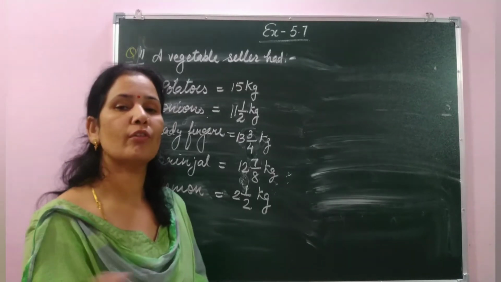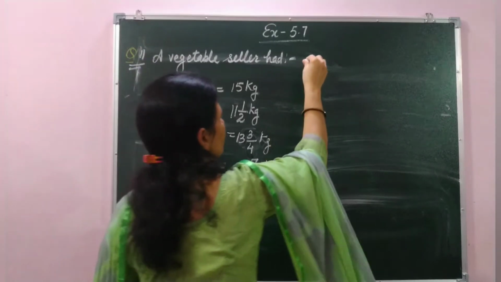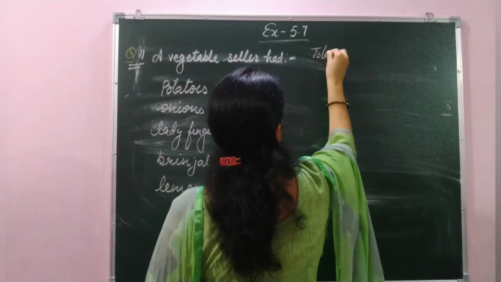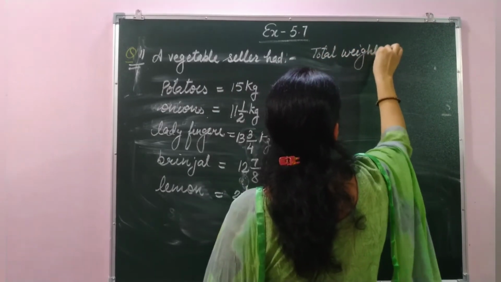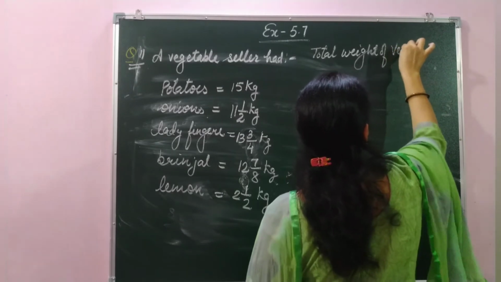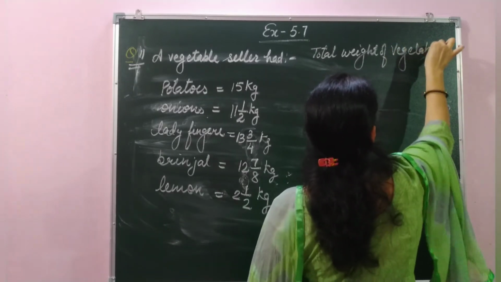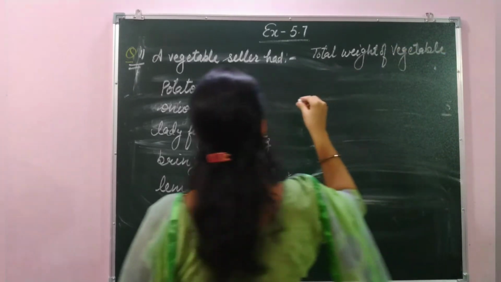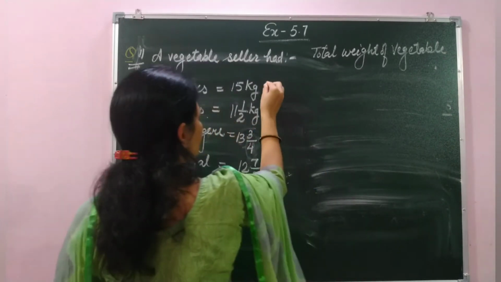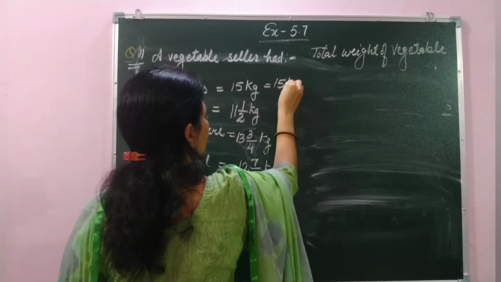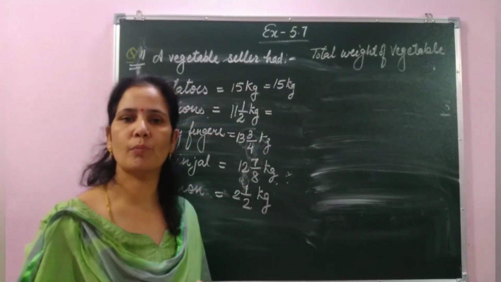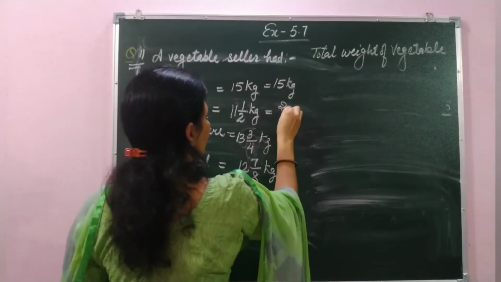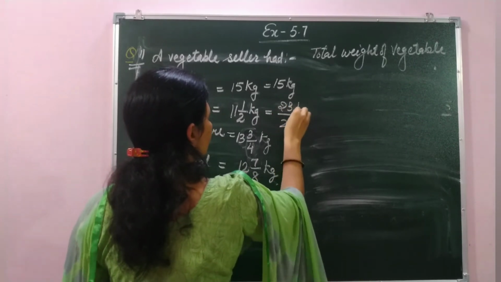So students, first of all we have to find out the total weight of the vegetables. Okay, to find the total weight, first we add these. Here 15 kg as it is. 11 1/2: 11 2s are 22, 22 plus 1 is 23, so 23/2 kg.